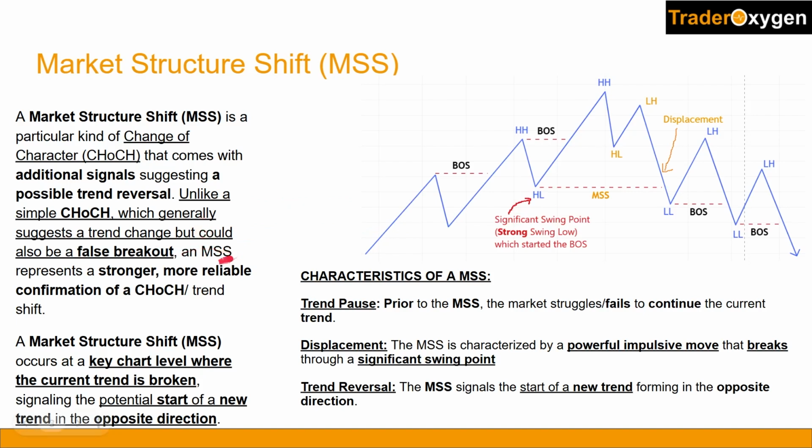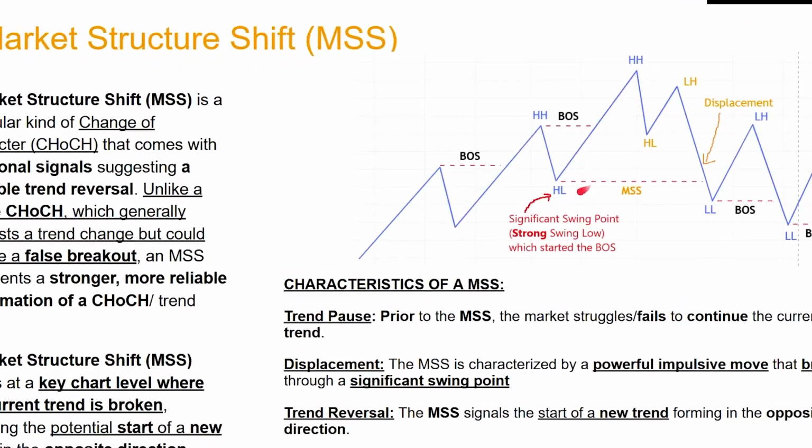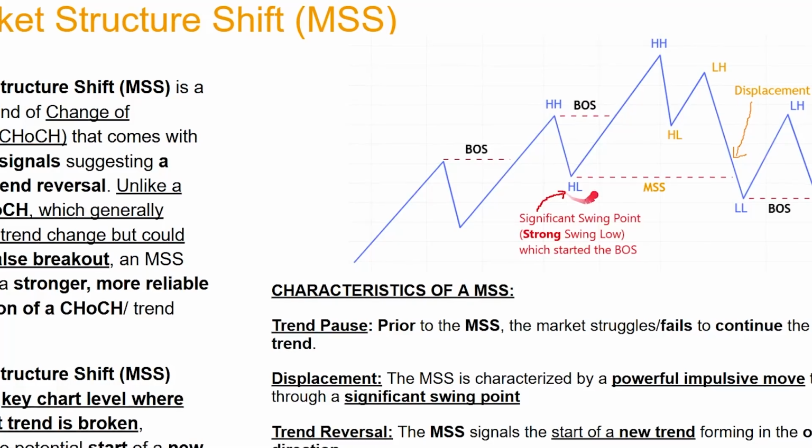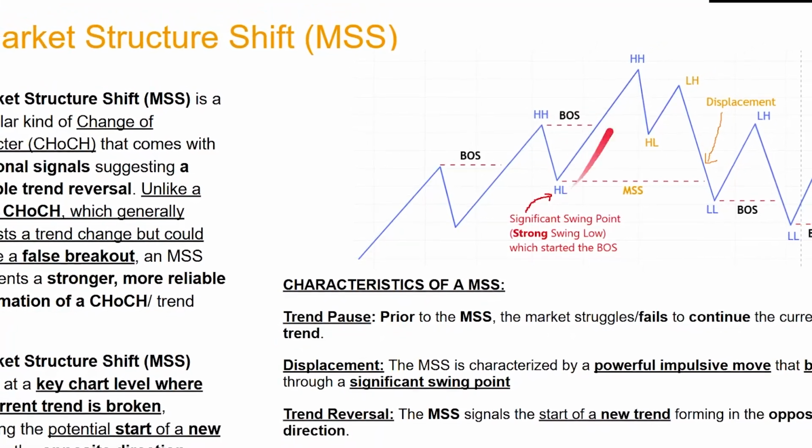However, a market structure shift is a stronger, more reliable confirmation of a change of character because it has some additional characteristics. So market structure shift occurs at a key chart level where the current trend is broken. Now you can see the current trend is an uptrend, and this is a significant key level which made the break of structure. So it's a strong key level because it made the break of structure to happen.